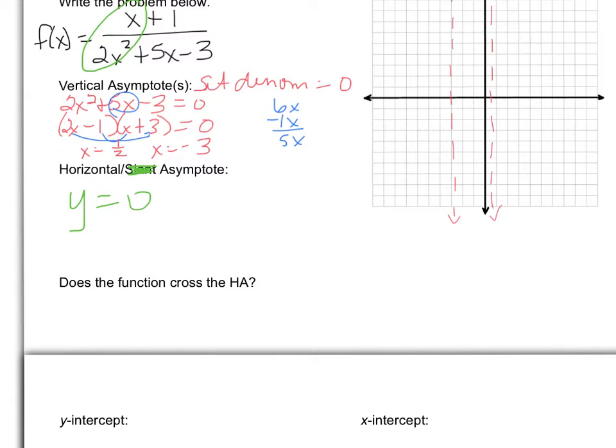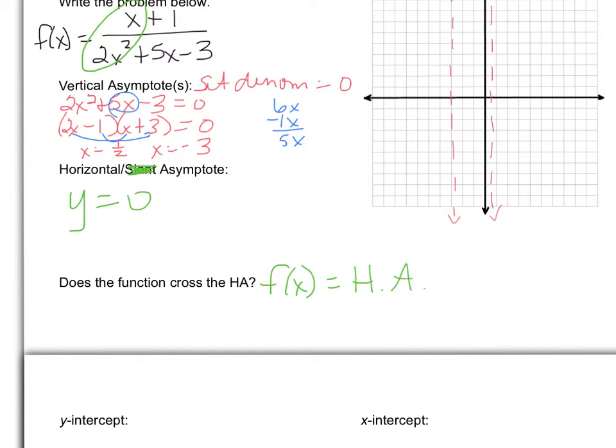Good. Then the next question that we have is, does the function cross the horizontal asymptote? Now, anytime something crosses or it has the same value, it's equal. So what we're actually doing for if the function crosses a horizontal asymptote is we're going to set our function equal to that horizontal asymptote.